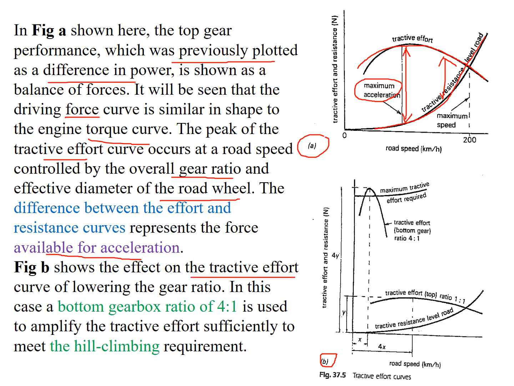And figure B here shows the effect on the tractive effort curve of lowering the gear ratio. So in this case, the bottom gear ratio of 4:1 is used to amplify the tractive effort sufficiently to meet the hill climbing. So during the hill climbing, the maximum tractive effort required is like this, and when you have the gear ratio, the tractive effort curve will be like this.